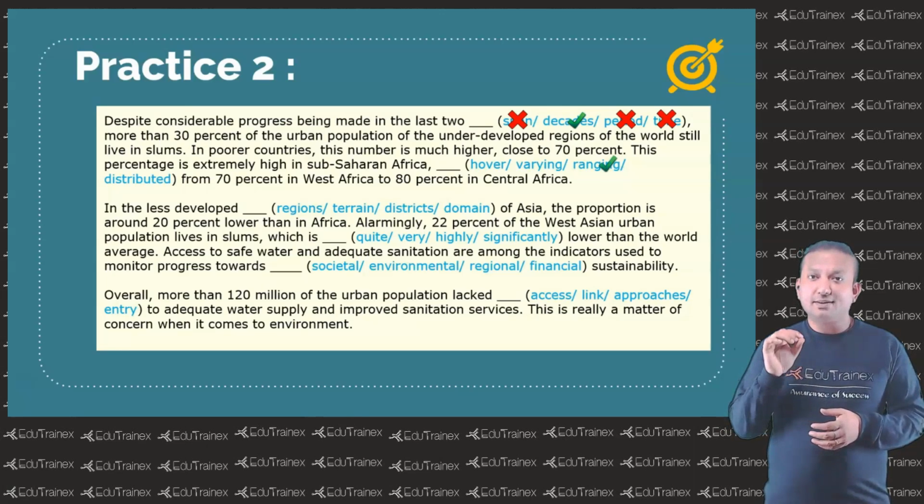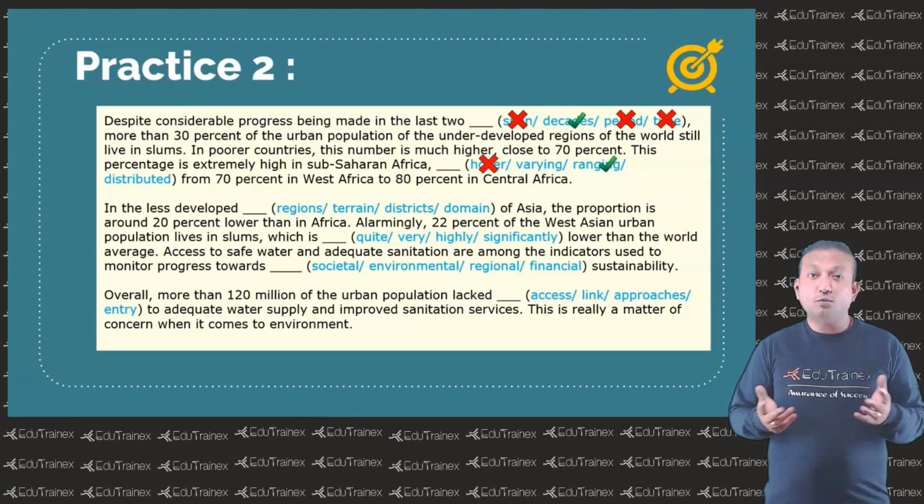Ranging from is the correct word combination. Hover is not in the correct word form, and hovering from is also not correct usage. Distributed is again incorrect, and varying from may sound correct to you, but vary usually highlights the differences. But the text here is just talking about a range. So that's our second answer.